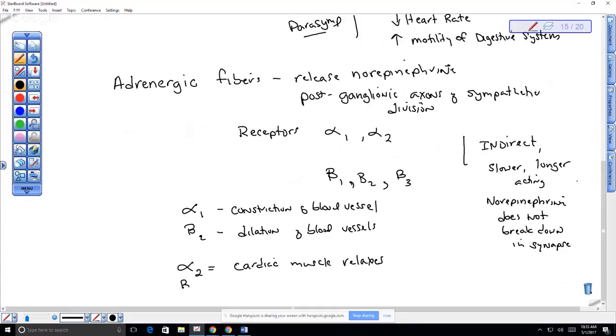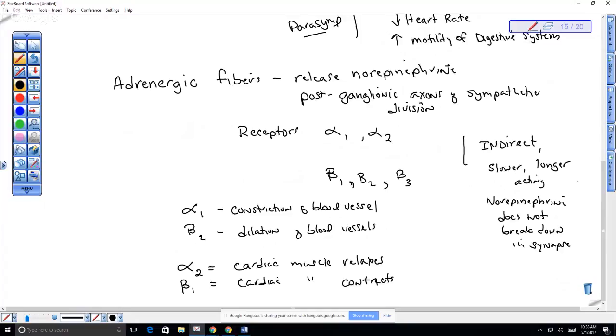If we look at beta 1, this actually causes the heart muscle to contract. So it depends upon what receptors the adrenergic fiber is innervating.